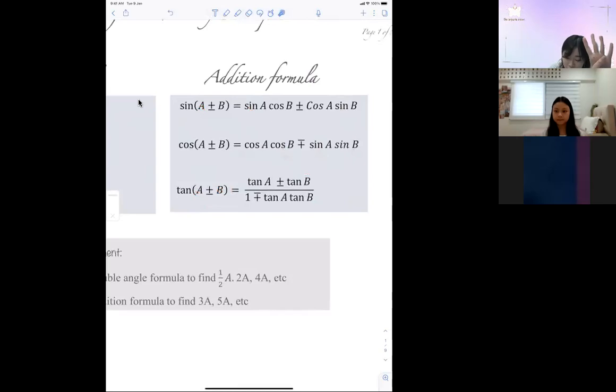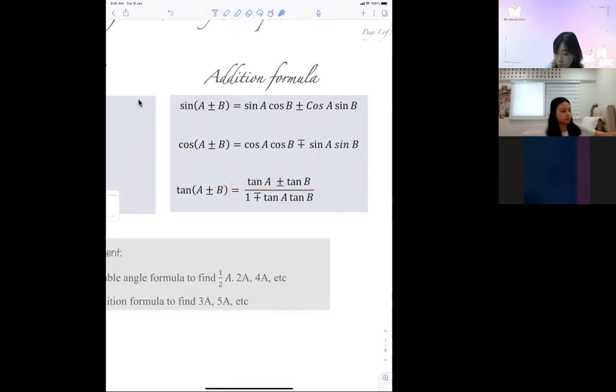If you change it to the tangent addition formula, you only have two unknowns, tangent A and tangent B. That's it. So we always use the tangent addition formula. This one is the easiest.